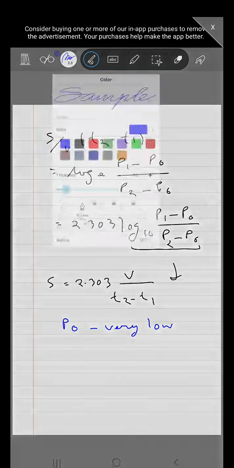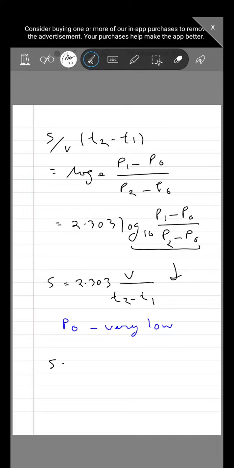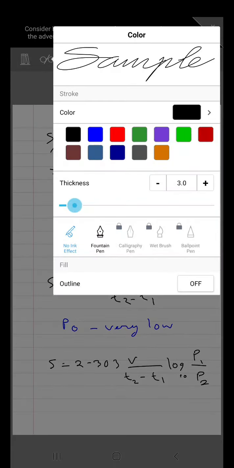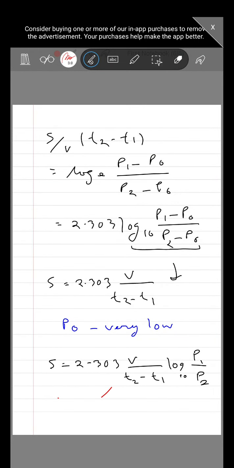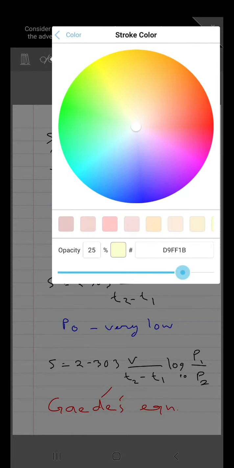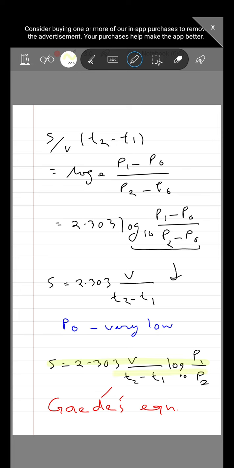So we get S is equal to 2.303 V by (T2 minus T1) into log 10 P1 by P2, and this equation is known as the Gates equation. This is the Gates equation.